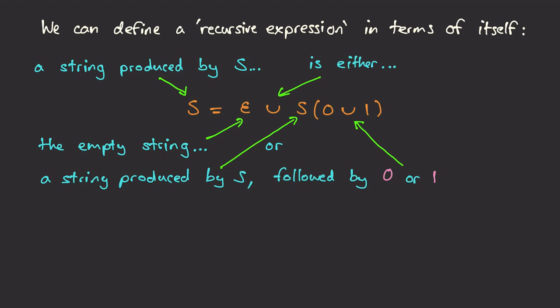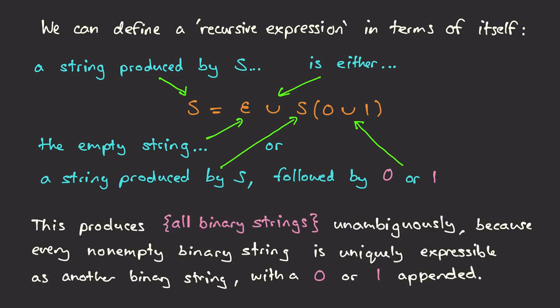Continuing in this way, we see that S must produce every binary string. In fact, it produces every binary string unambiguously, because every binary string is either empty or is equal to some other binary string with a 0 or a 1 added to the end.